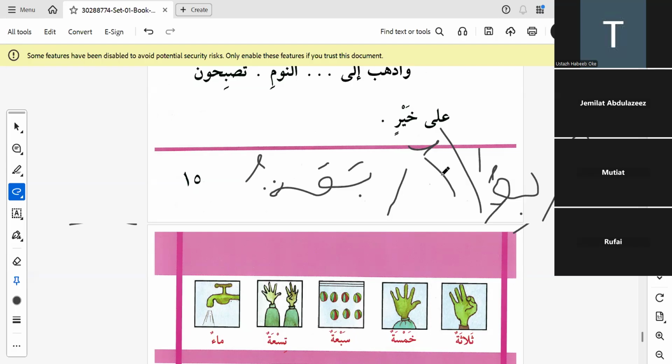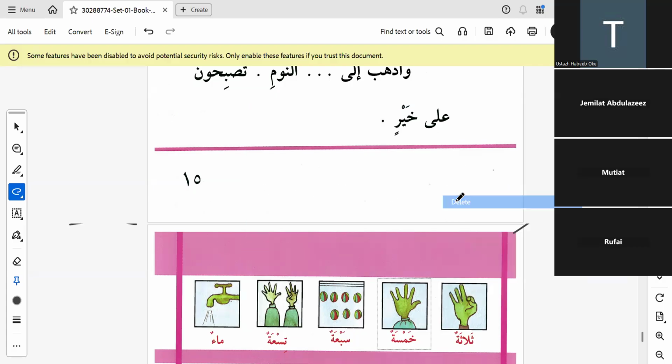Arba'atu tullabin is for masculine. But for feminine now, the gender will change. It's just the gender that will change. Just alternate the gender, from the principle that I taught you.